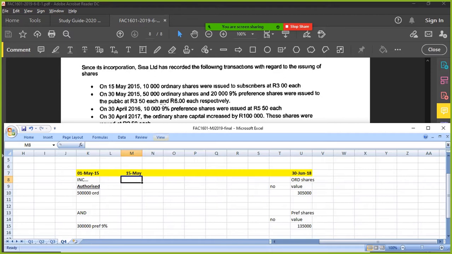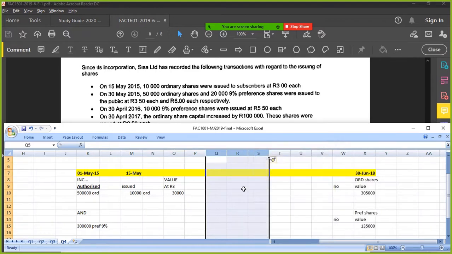Issued 10,000 ordinary to subscribers at 3 Rand each. So times 3 Rand is 30,000 Rand. That's the value. I might need more space here. So that's the first step.